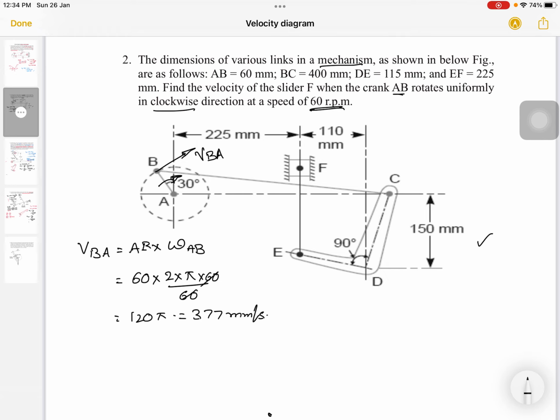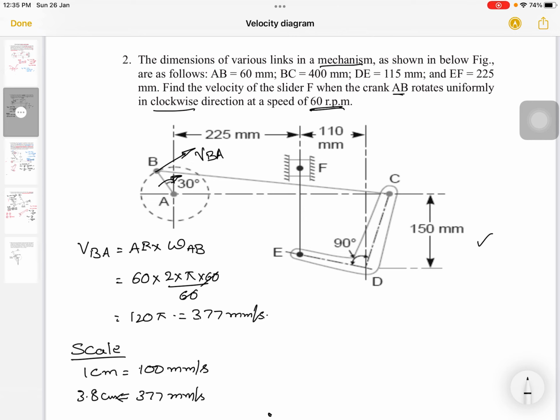Again, I will take the similar scale which we considered in the previous problems: 1 centimeter is equal to 100 mm per second. So 377 mm per second is approximately 3.8 centimeters.